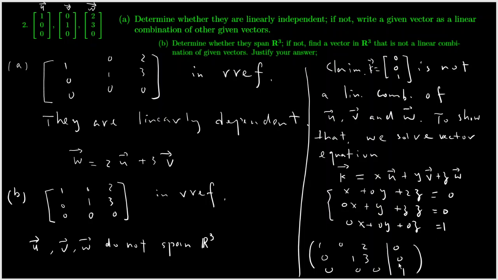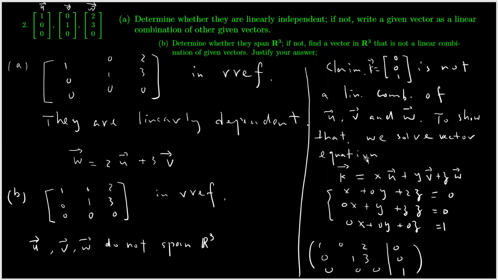Or you can use the condition under which a system has no solutions: there's a leading one to the right of the bar. I'm trying to say the same thing in different ways. I give you many reasons, you just need one reason. It's sufficient.